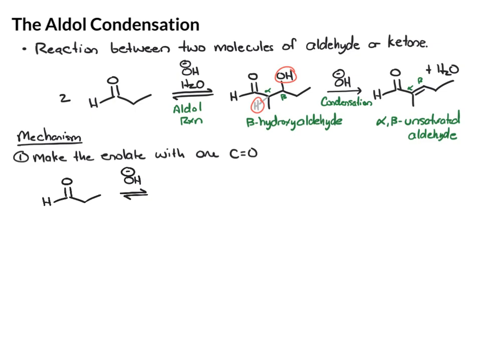Here's our base. And these protons at the alpha position are relatively acidic. So in the presence of the base, we can deprotonate at that position. And that will give us this enolate, and you can draw both resonance structures. But it's this resonance structure we're going to use for the subsequent reaction.